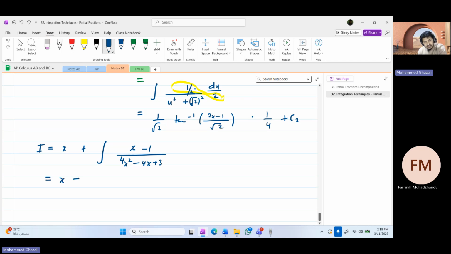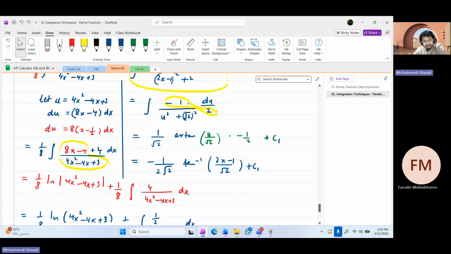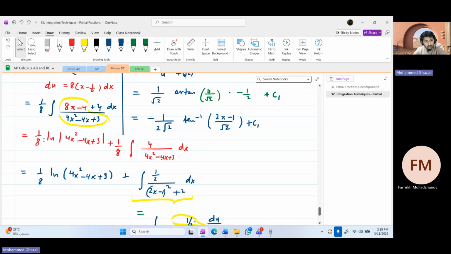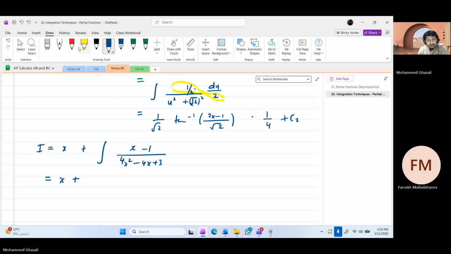So we got x plus, when we split this up, this part was 1 over 8 ln absolute value 4x squared minus 4x plus 3. Actually, we said we can drop the absolute value because it's always positive.